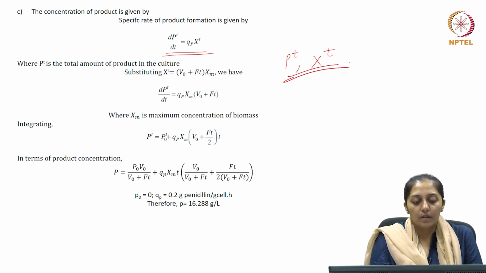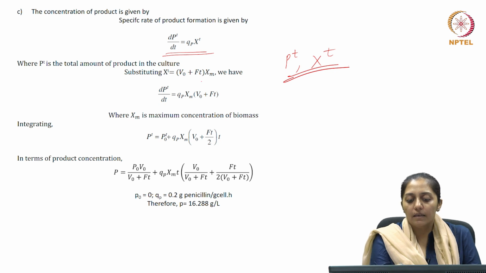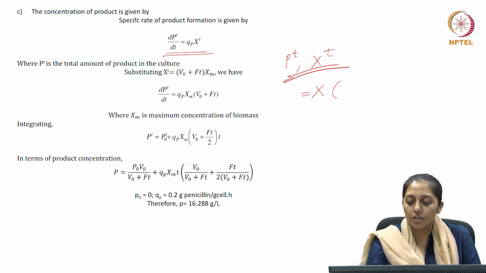Xt is nothing but the biomass concentration multiplied by the volume at that time t, and this biomass concentration for the pseudo steady state, with substrate concentration nearly 0, is the maximum biomass concentration.